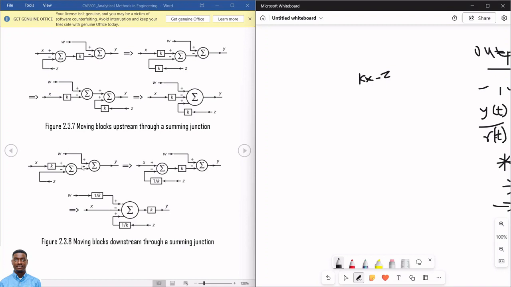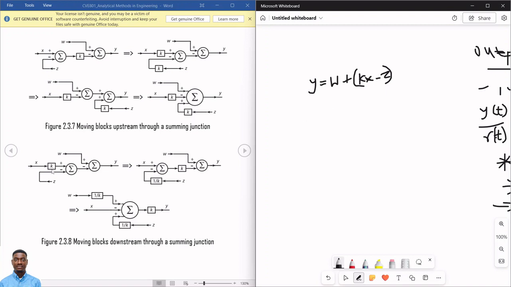So W plus that one will give you the Y. So that will be W plus KX minus Z, equals Y. So this is the model that brought this to be. W here plus whatever is coming out here, that is KX here, Z here. So that's the model here.